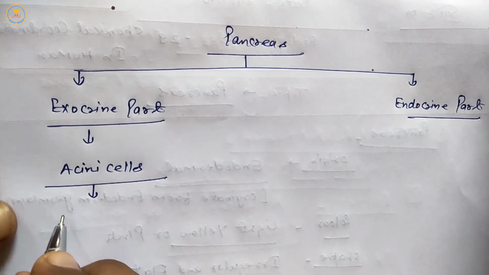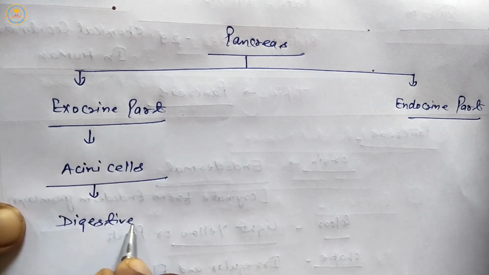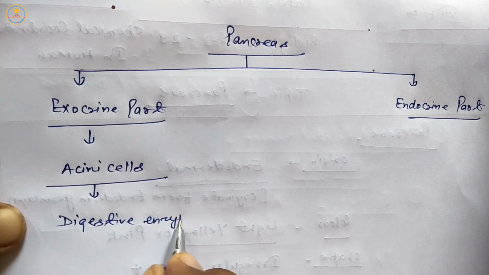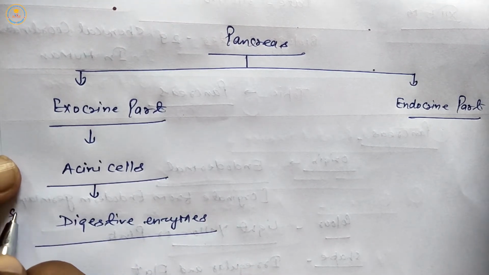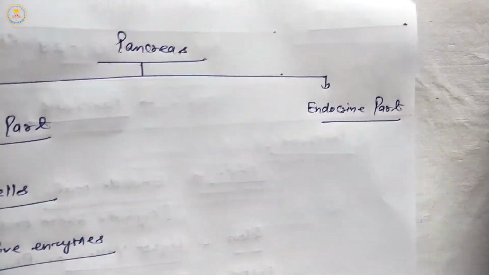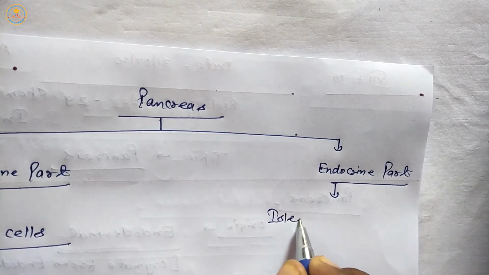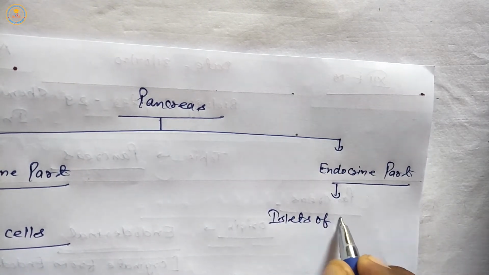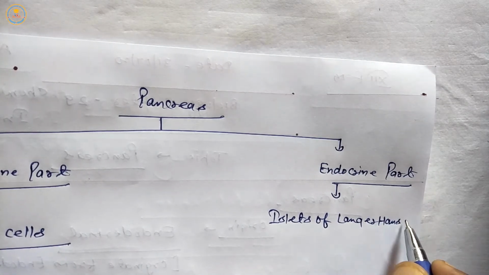Acini cells secrete digestive enzymes. It means these enzymes help in digestion. Next, the endocrine part is islets of Langerhans.